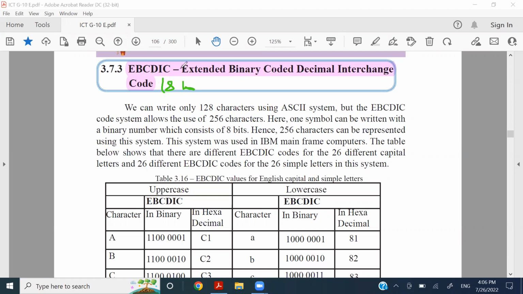It's the bracket, and you have to say 8-bit. 8-bit representation, right? So BCD is a 4-bit representation, ASCII is a 7-bit representation, and this is an 8-bit representation.